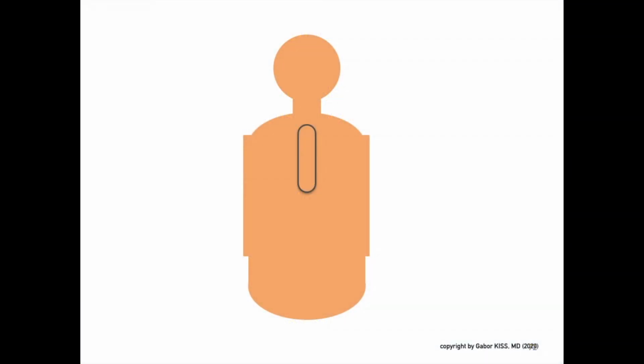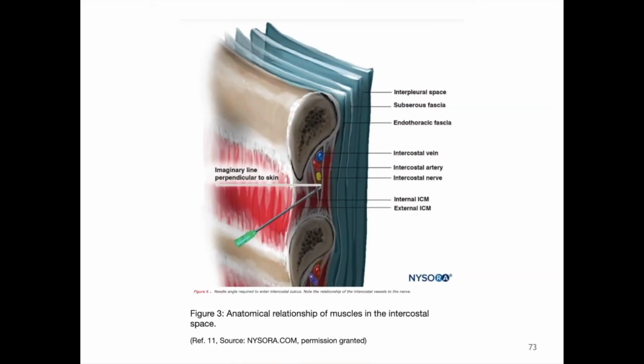We have a look again at a sagittal cross-section view at about 2 cm lateral from the sternum, in order to understand the different spread between the PIN block and the TTP block. As we can see here, the intercostal nerve is confined in a space between two ribs.